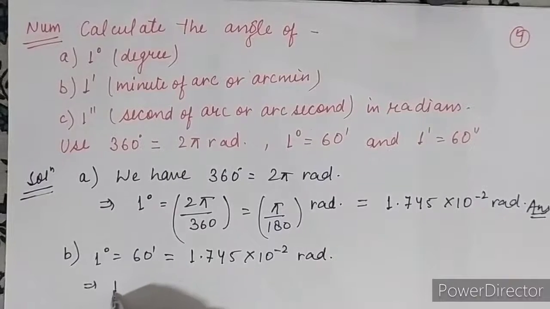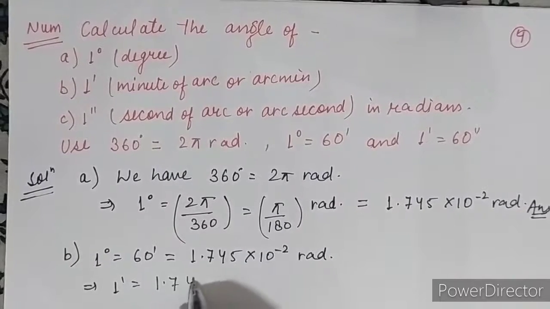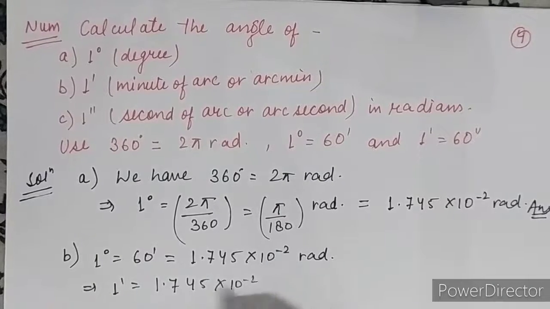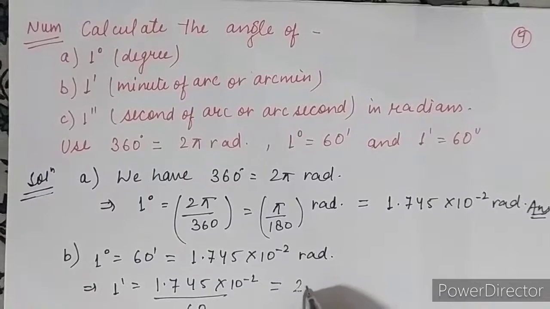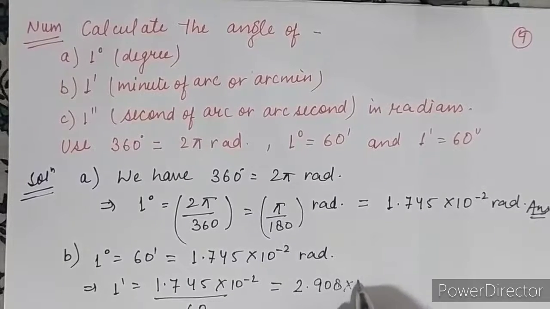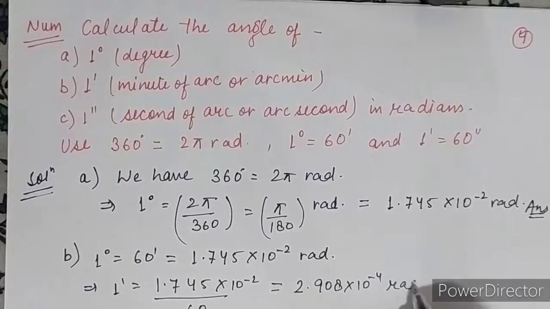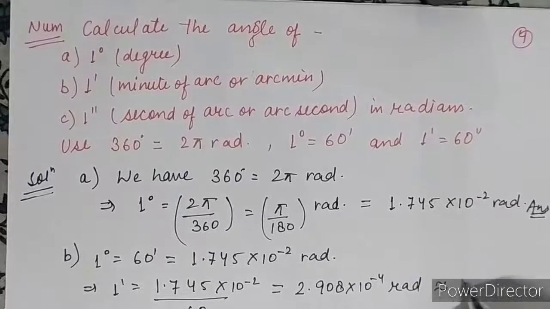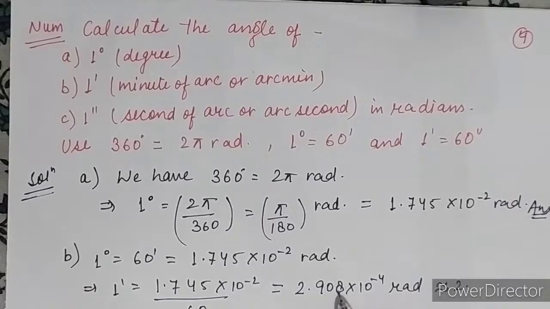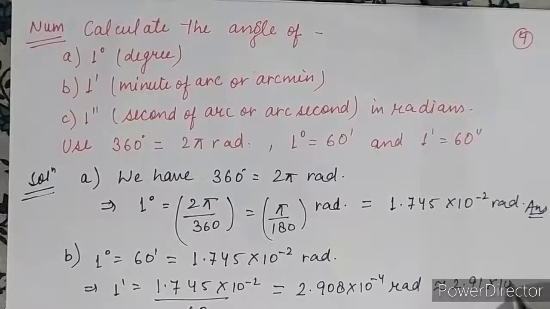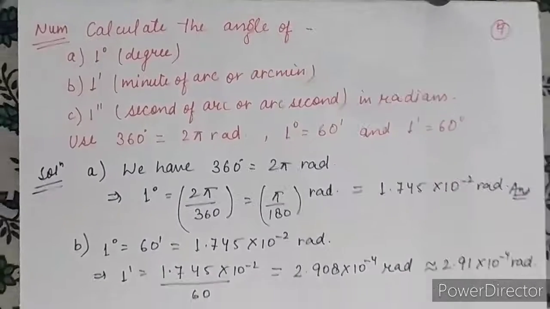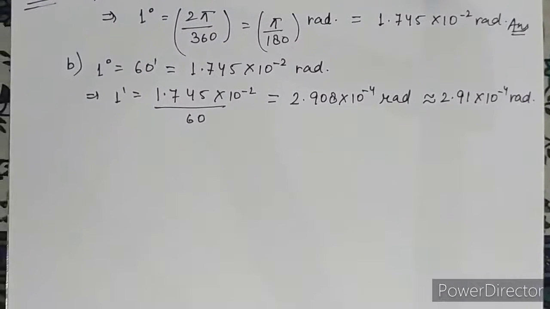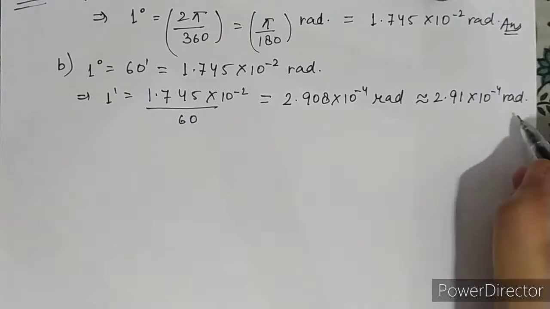It means for 1 minute we have to divide 1.745 into 10 to the power minus 2 by 60. When you do so, you get the value 2.908 into 10 to the power minus 4 radian, or in approximate form when you round it off, since 8 is greater than 5, it becomes 2.91 into 10 to the power minus 4 radian. Clear, beta? Okay, so this is the second answer, for 1 minute.